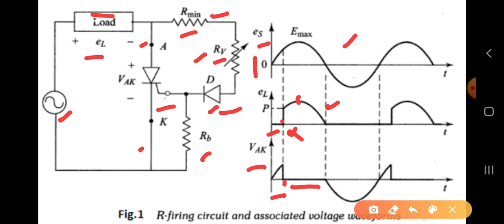Here it is nearly 0, shown as a straight line in the waveform. This is how the R triggering of the SCR works, and the circuit and waveform are explained in this video.